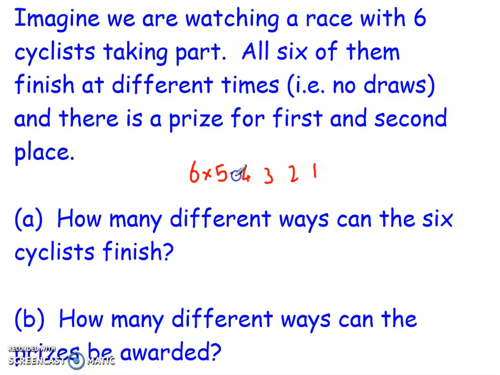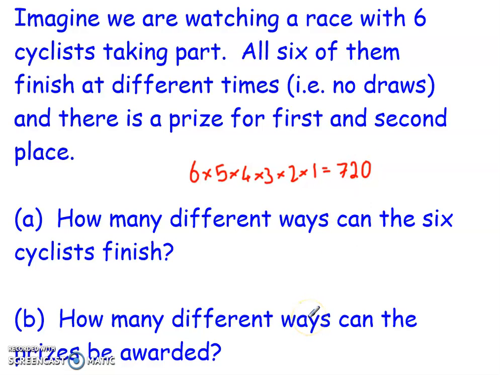So in order to figure out the total number of ways, we can take the product of all of these numbers together, and what we end up getting is 720. So that tells me that with 6 cyclists in one race, there's actually 720 different ways that we can get them to finish. That's quite a lot of ways.